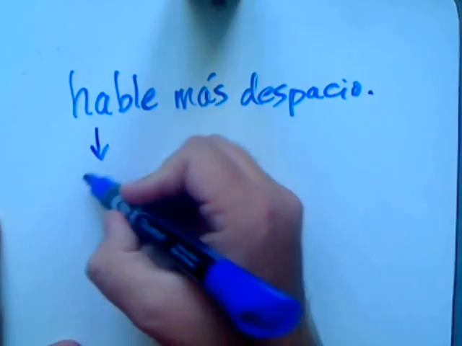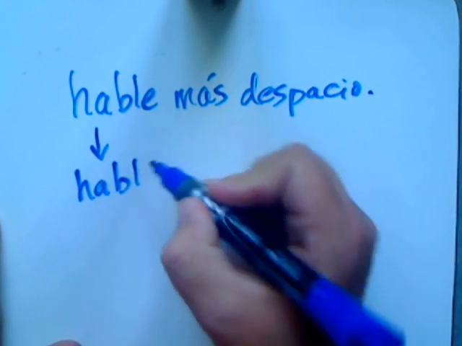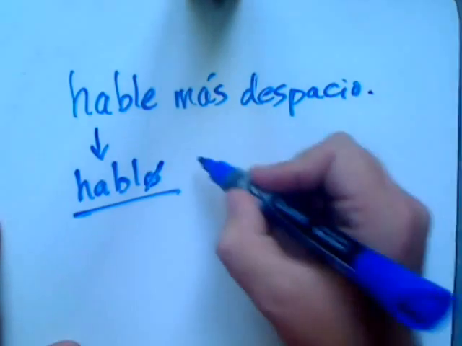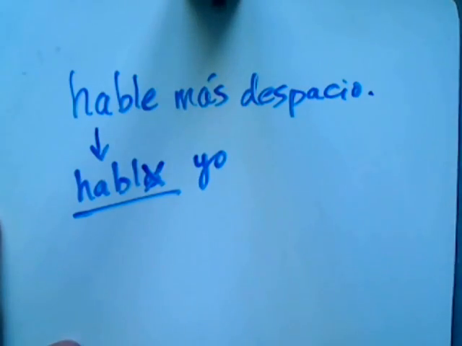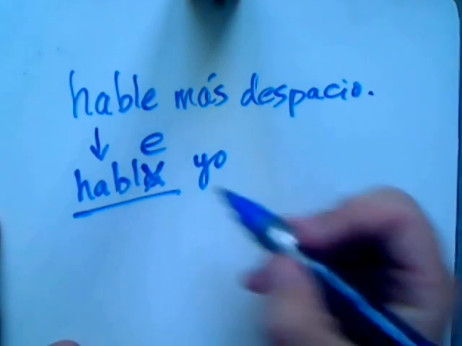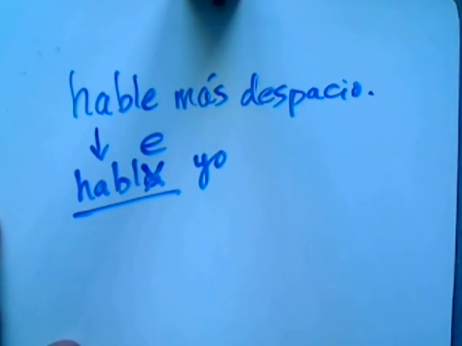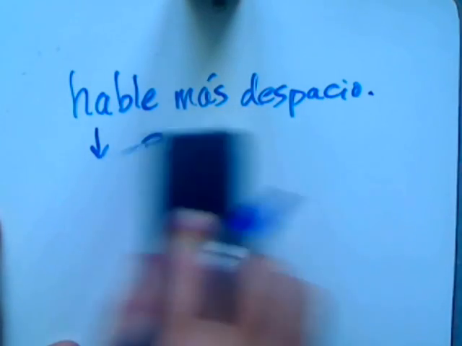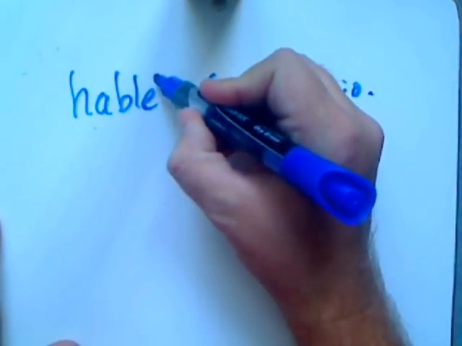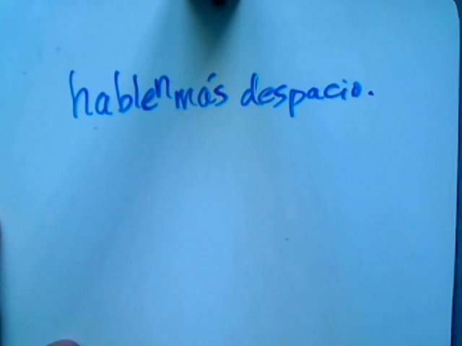Again, this form is coming from the present subjunctive, which I'm conjugating from the present indicative yo form, removing that final O, and placing the opposite vowel, if it's an AR verb, an E. Hable más despacio. That's if I'm speaking to one individual, right? If I'm speaking to a group or more than one individual, I'm just going to make it plural by saying hablen más despacio.